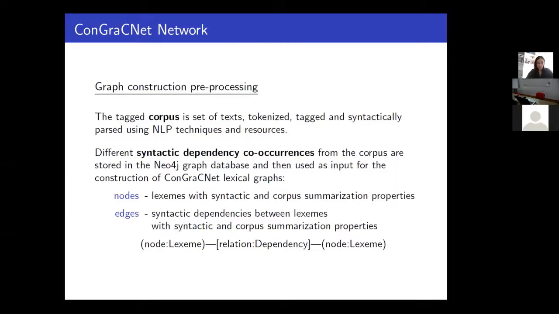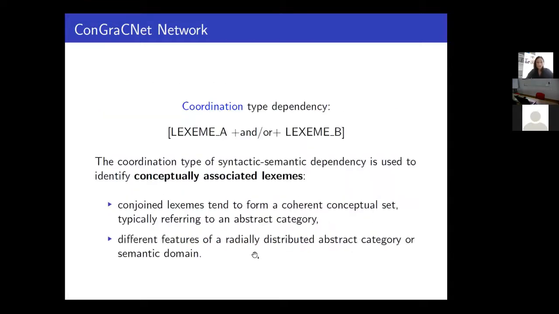Both edges and nodes have their own properties, which are both syntactic properties and summarization properties from the corpus. So we produce, in particular, for the sense identification, in order to conceptually identify the associated lexemes, we use the coordination type dependency, which connects the words with the logical connectives and or.